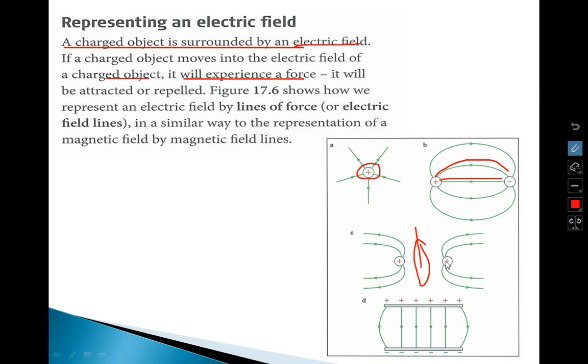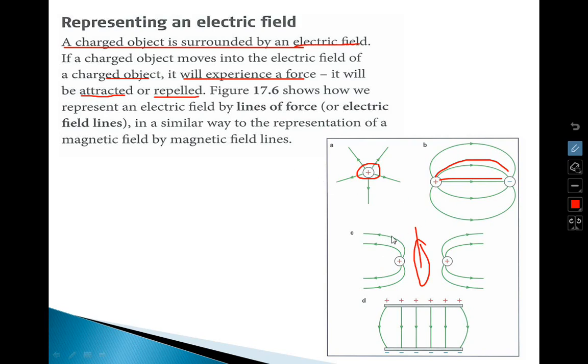If this one is positive and this one is minus, as we discussed in last classes, the force is attraction. It depends on the charged object, so it could experience a force of attraction or a force of repulsion.